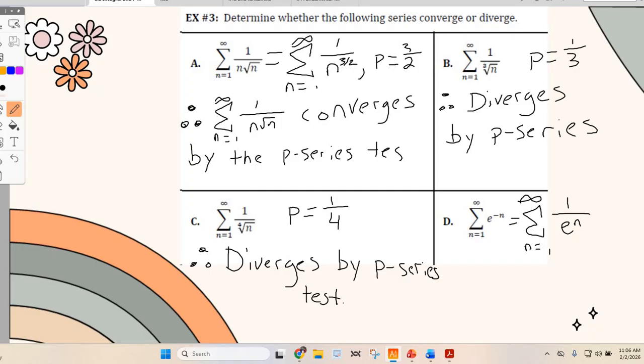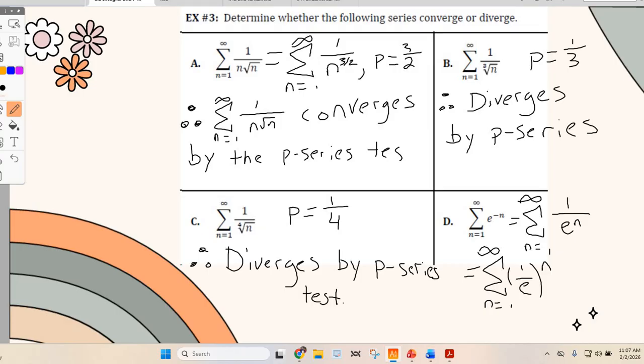So what's our other one where the variable is not in the base? Geometric. Can I rewrite that as a geometric? Yeah. This is again kind of like I did with the last one. This would become 1 over e to the nth power. Yes?